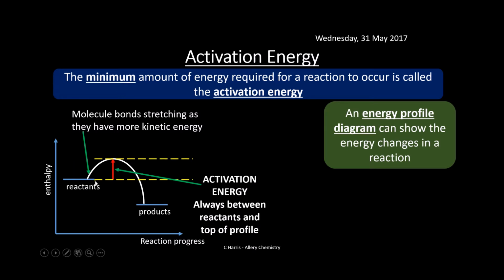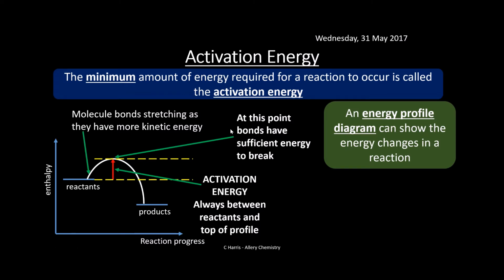You can see here from the reactants up to the top line of the energy profile, this gap is called the activation energy. And so this is always between reactants and the top of the profile. So you're always looking out for that particular part, and that's called the activation energy.